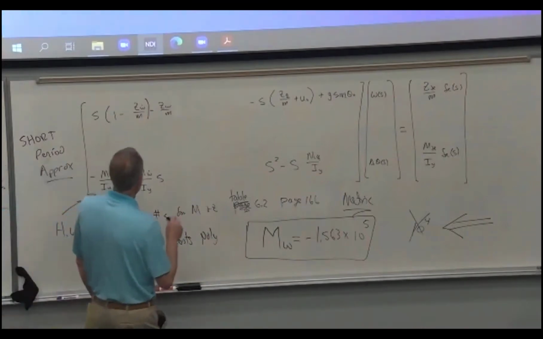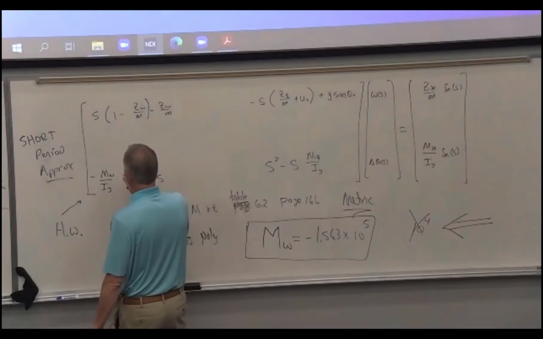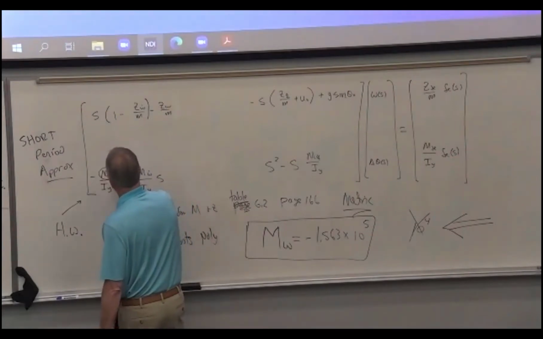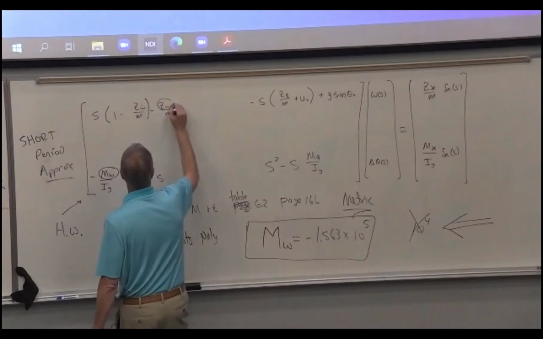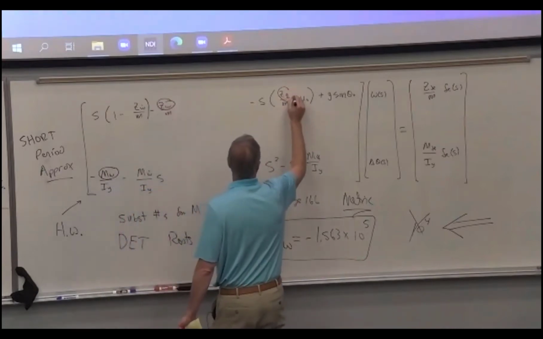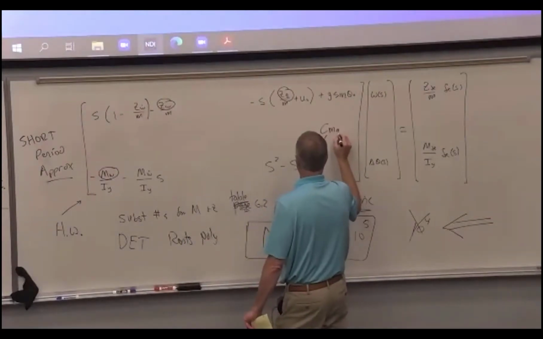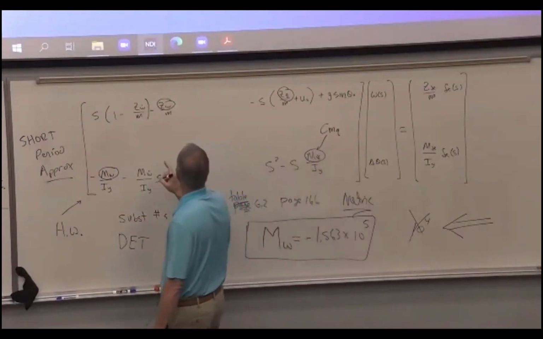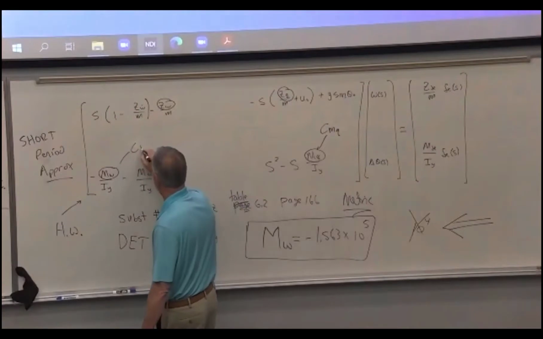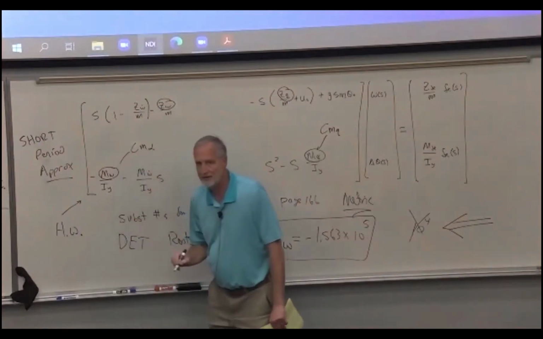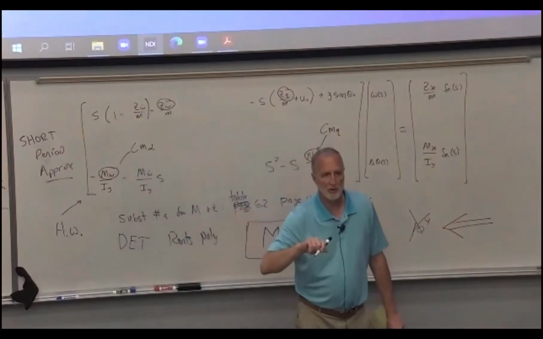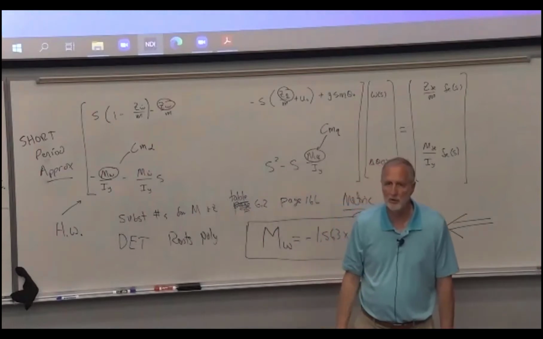And also, if you did it in terms of formulas, you could see how the roots depend upon various design parameters. Like Mq, this has Cmq in it, and Mw, this has Cm alpha in it.